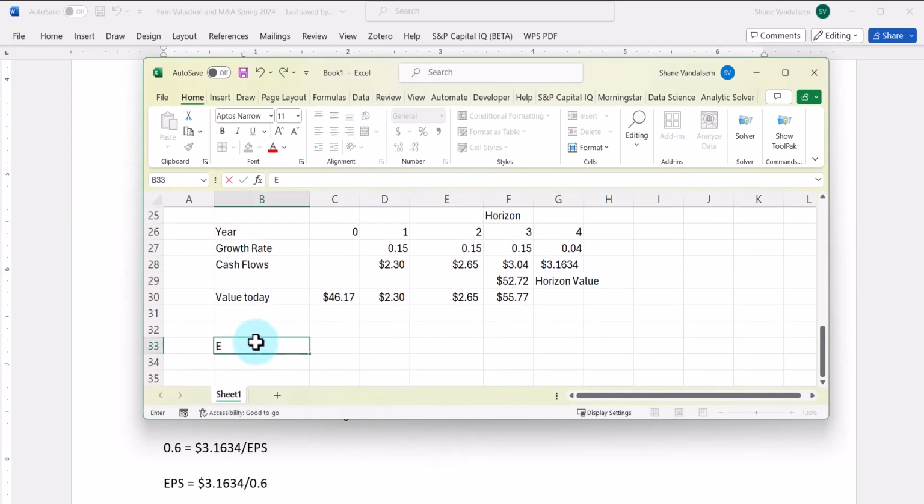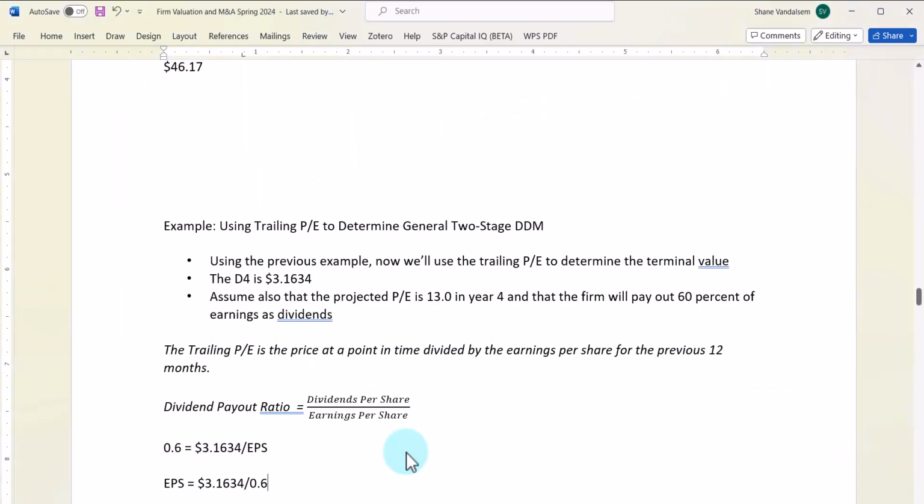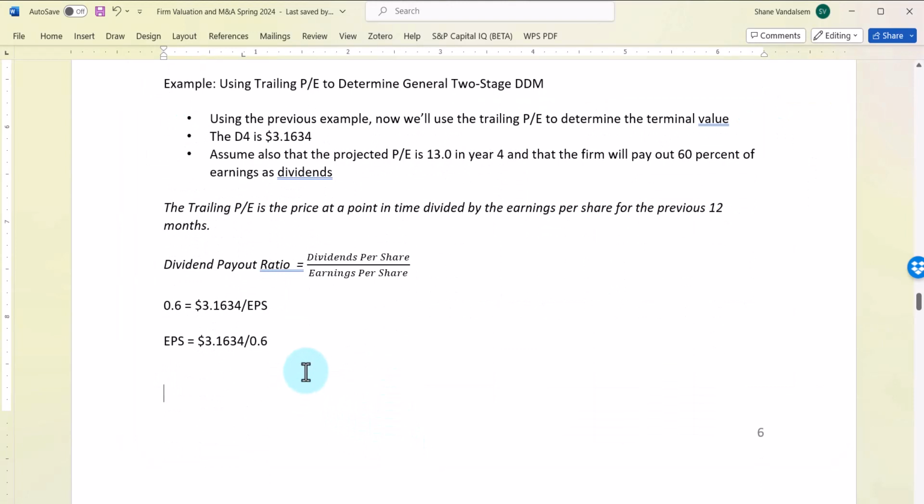So the earnings per share is equal to the 3.1634 divided by 0.6. So my earnings per share is 5.27 approximately. And so my price to earnings ratio is 13. So I'm going to switch back to the document here just to show you the calculation for the estimated price of the stock.